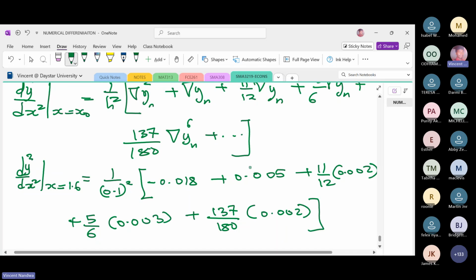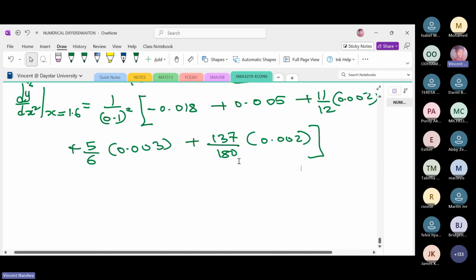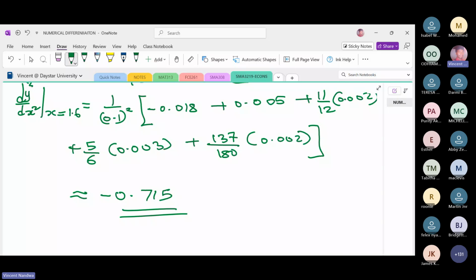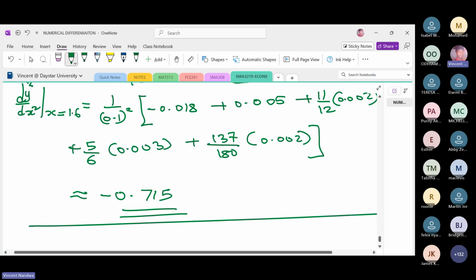And if you work this out, check that the answer is roughly negative 0.71544. It might be correct. In fact, I'll advise you to write all the digits without rounding off. So write the whole answer the way the screen of your calculator is displaying. These are rounded-off solutions. So that's what we have.